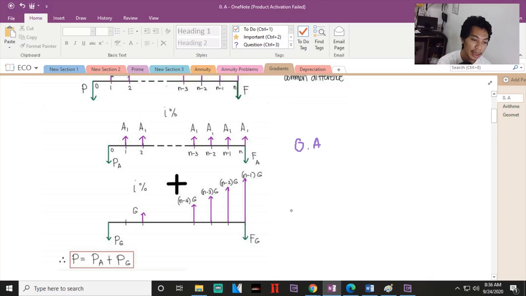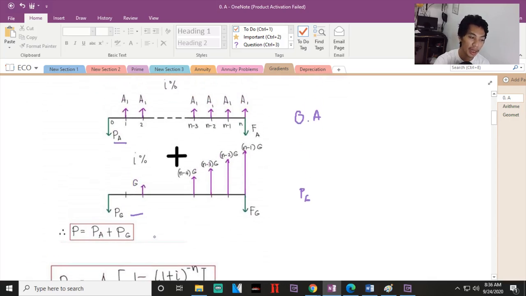And then, this is the cash flow for your present worth ng gradient. Yung gradient, yan yung mga common differences idinadagdag mo dun sa equal payments mo. And the gradient is increasing, hindi decreasing. Kaya ascending eh.